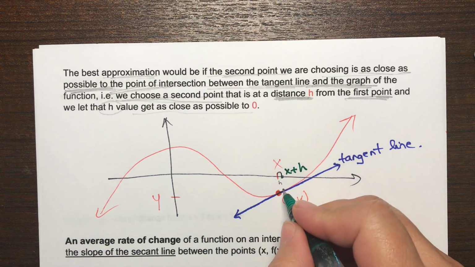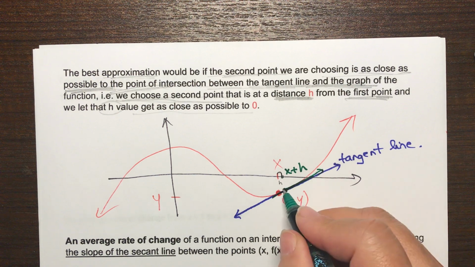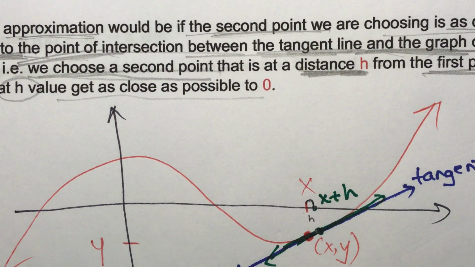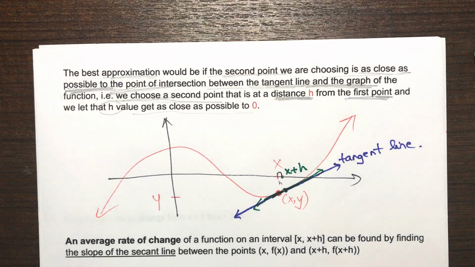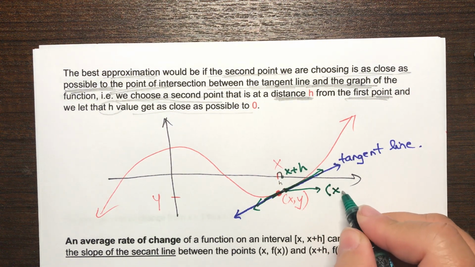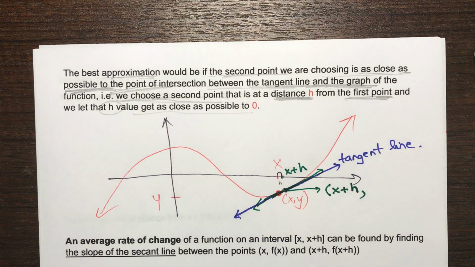This second point, in order to draw my secant line, which as you see is quite close to my tangent line. All right. So this second point right here, I'm almost not having enough space, but its x coordinate is x plus a little bit more.